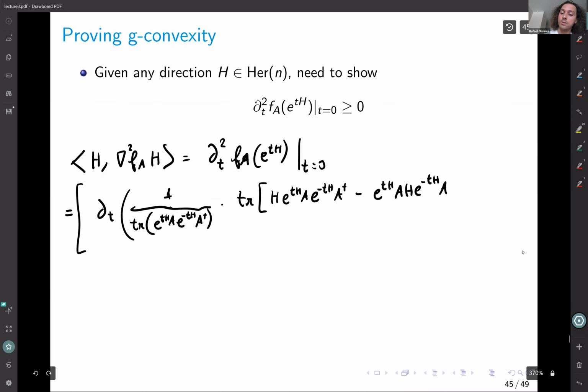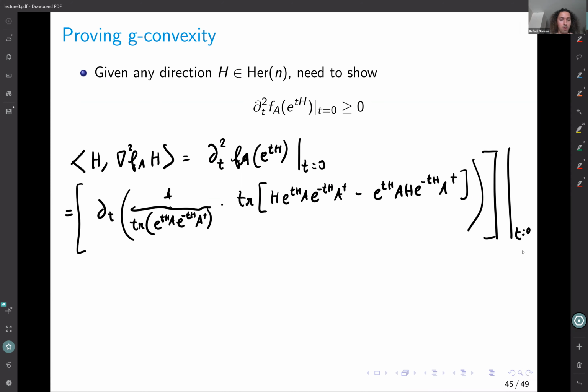Let me put a dagger here. We have to take this derivative, and after everything, evaluate it at t equals 0. Okay, so now how do we take this next derivative?